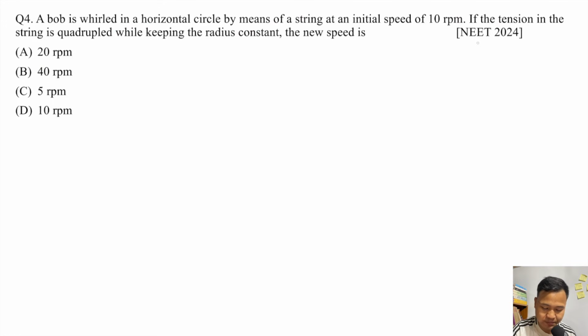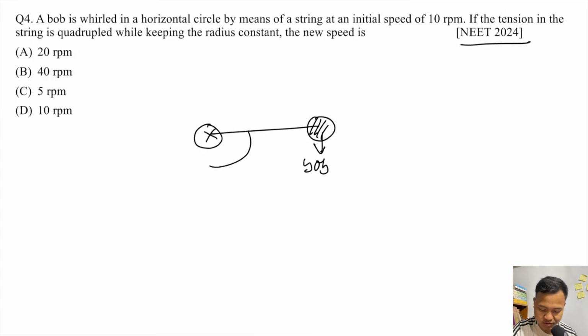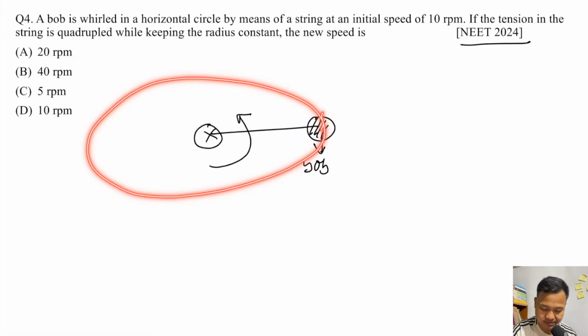Okay, question 4. Japan medical exam question, 2024. A bob is whirled in a horizontal circle by means of a string. This is a bob, the string connects it, and it is rotated like this.